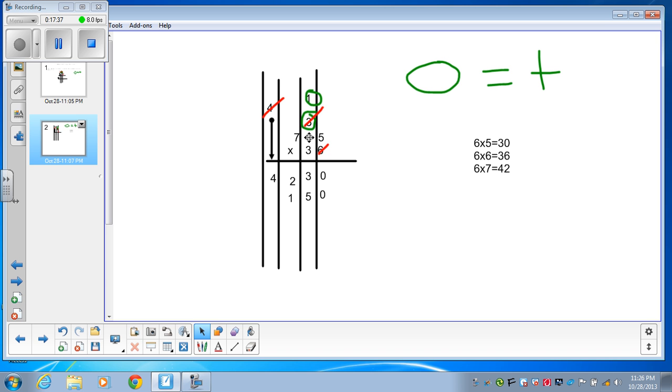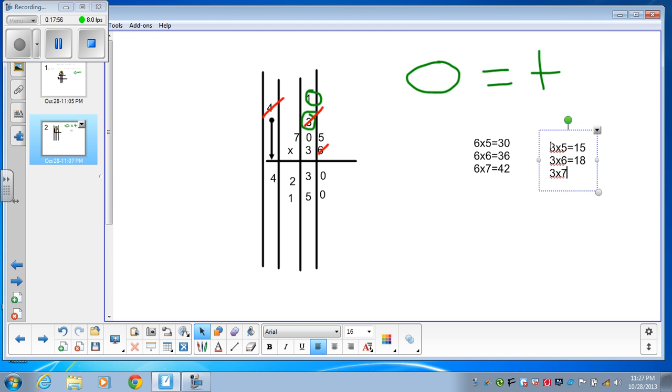So, if you have difficulties with your 7 times tables, you can write your multiplication over here. 3 times 5 is 15. 3 times 6, 18. 3 times 7 is 21.